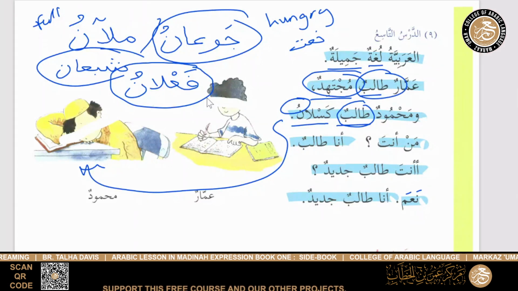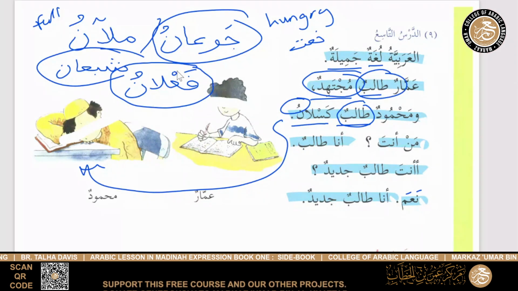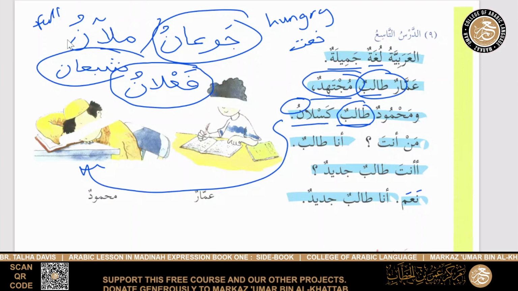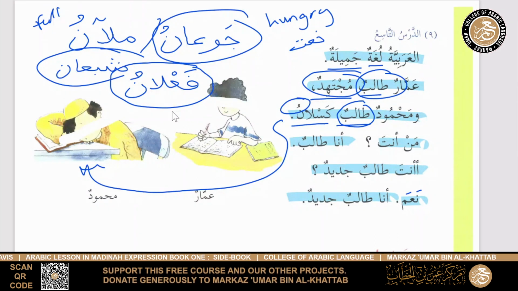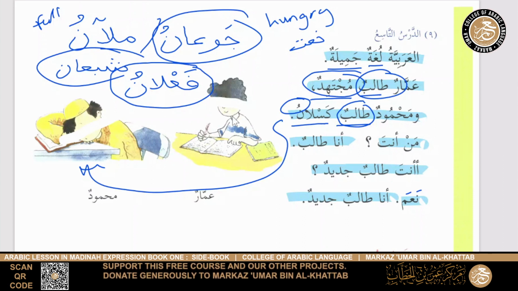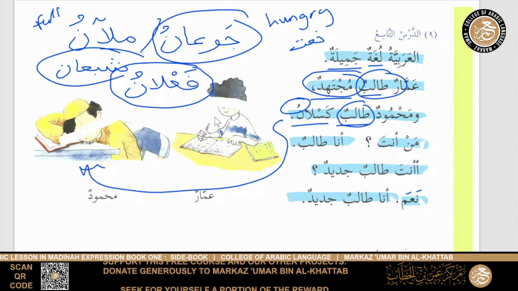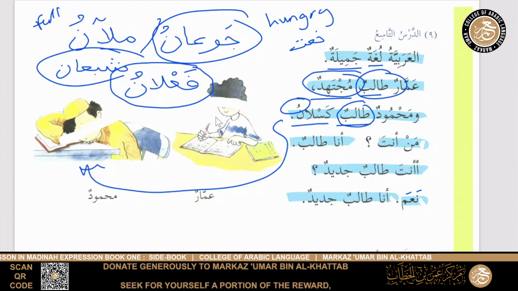So for example, kaslanu, jaw'anu, mal'anu, shab'anu. They follow a pattern, and someone wrote in the chat, atshanu, which means thirsty.